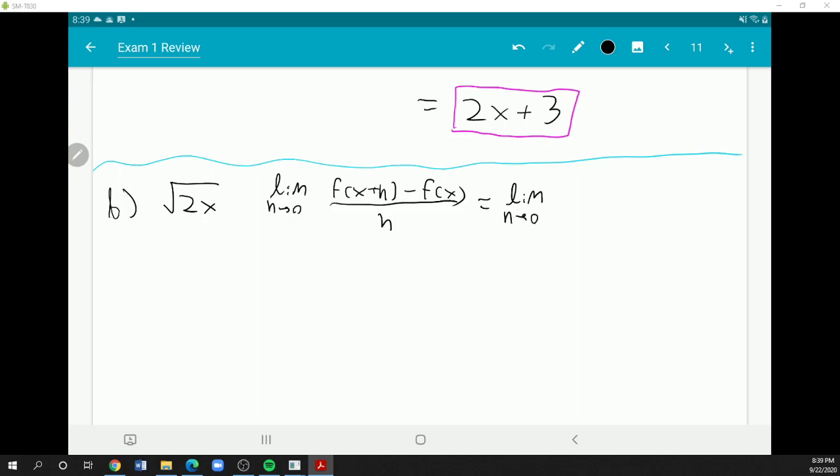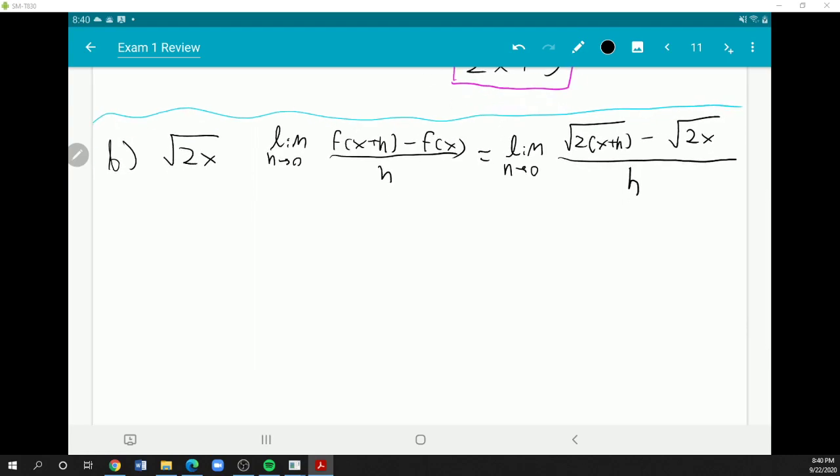Equals limit h goes to 0 of square root of 2(x plus h) minus root 2x over h. That's what happens when I plug in x plus h into this. So what do we do from here?